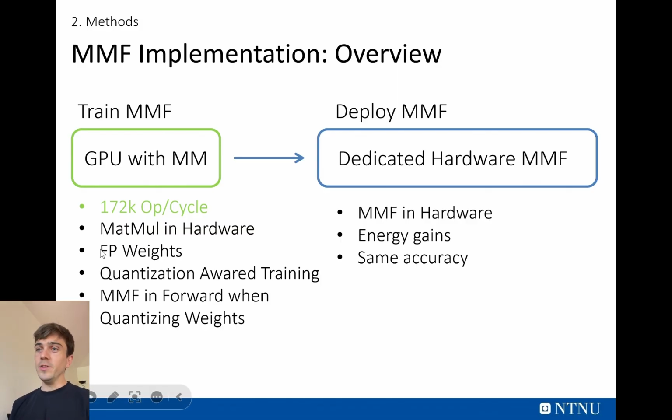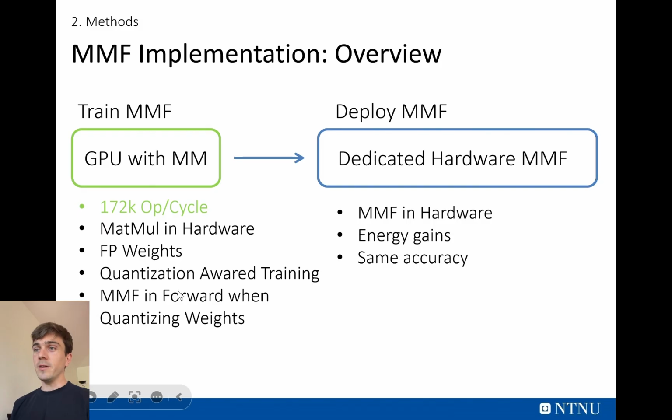Then when training, you are saving the full precision weights, and you are making them ternary only in the forward pass. We are training with quantize-aware training in the forward and in the backward. And yeah, I already said that the matmul-free is only in the forward when you quantize the weights.